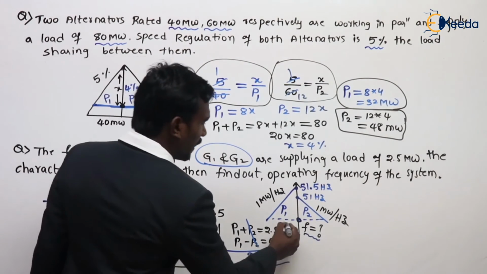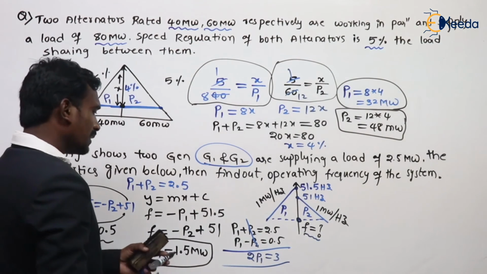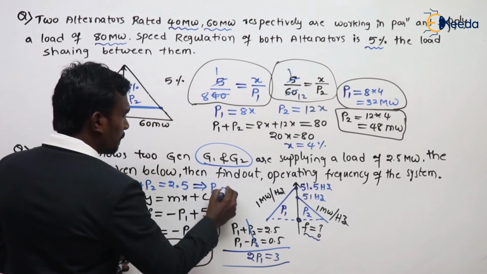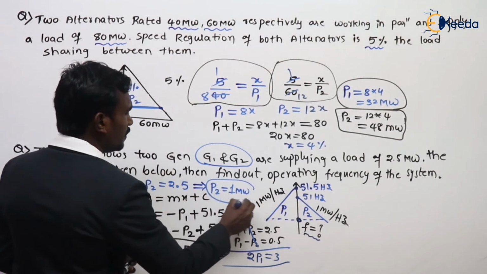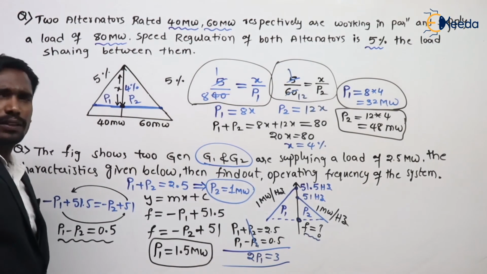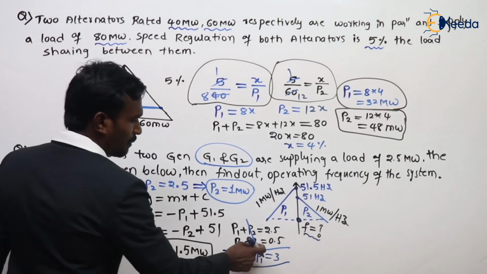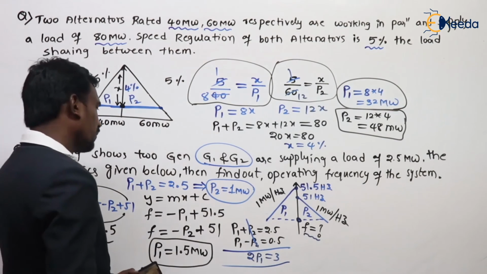If P1 is equal to 1.5 megawatts, then P2 is equal to 1 megawatt, because combinedly it is 2.5: 1.5 plus 1 is 2.5. Okay, I got P1 and P2.